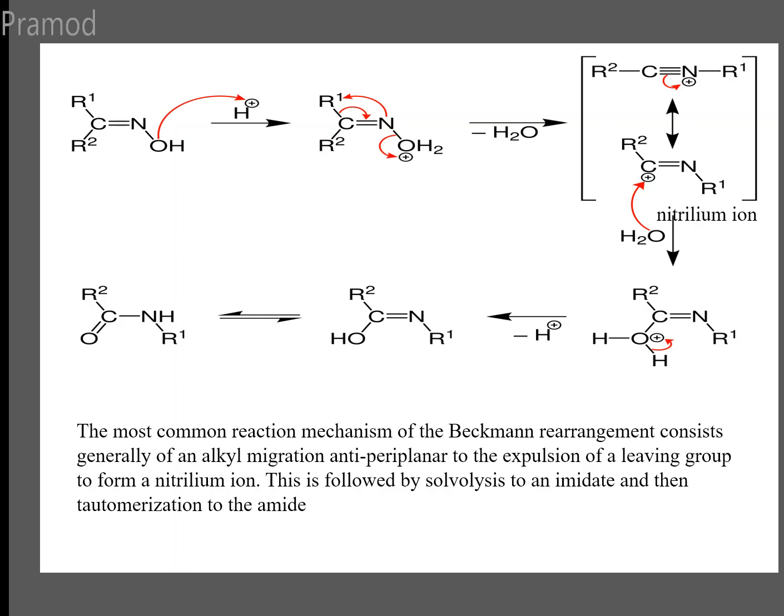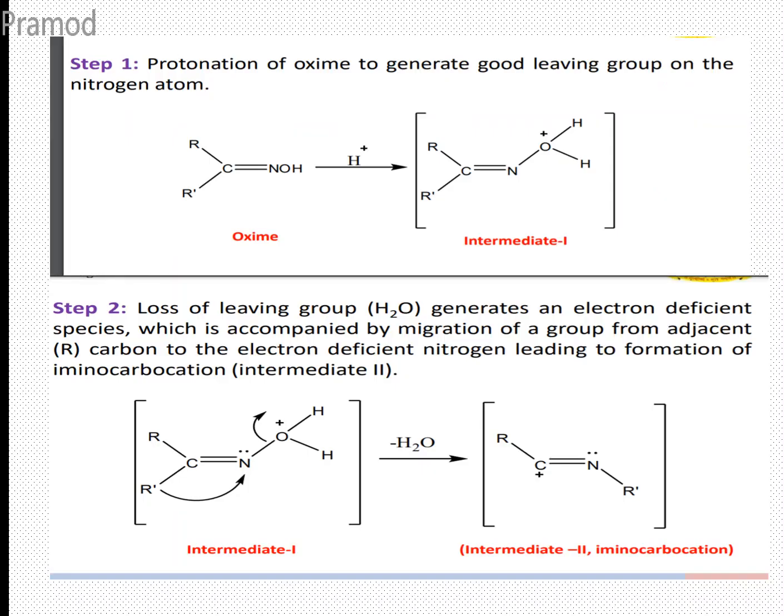Now let's go step by step. The first step, as I said, is protonation, and you get intermediate one. The OH on your oxime gets protonated, which makes it a good leaving group. Loss of the leaving group, that is water, generates an electron deficient species.